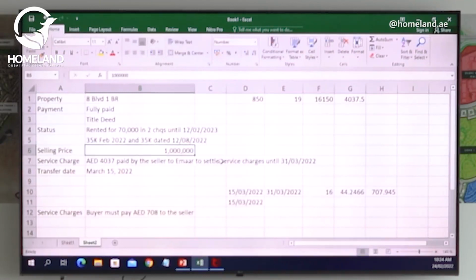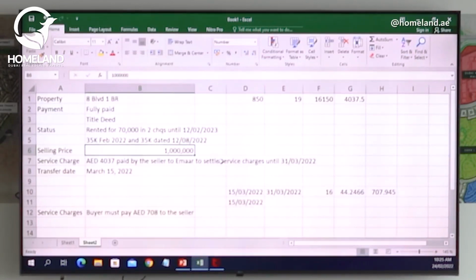The tenant has given 2 checks to the landlord. 35,000 in the beginning of the contract, which was 12 of February 22, and 35,000 a post-dated check dated 12 of August. Okay.